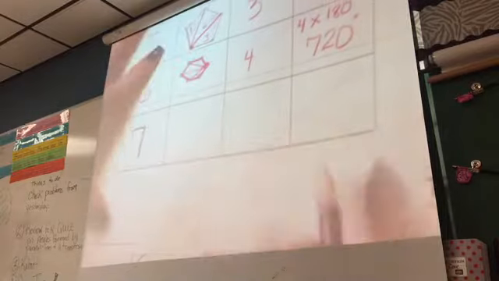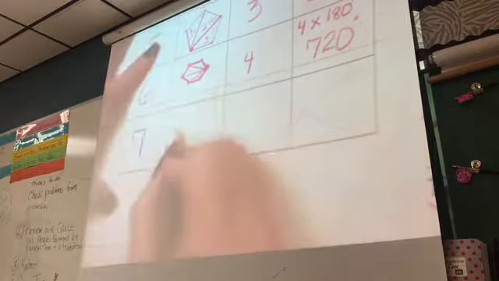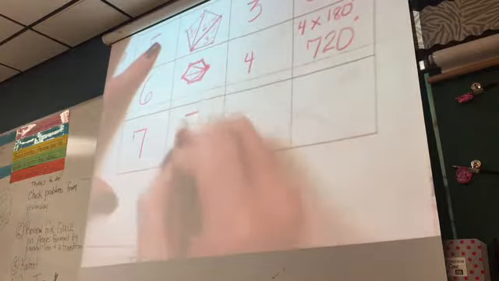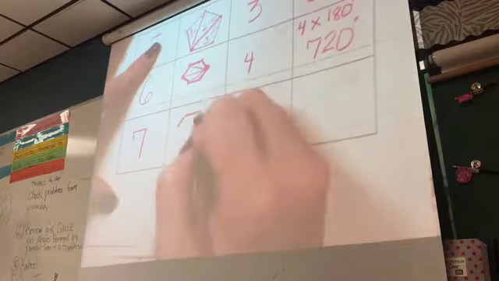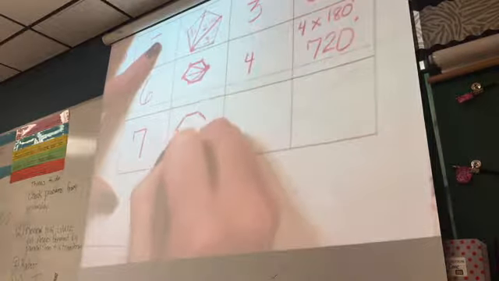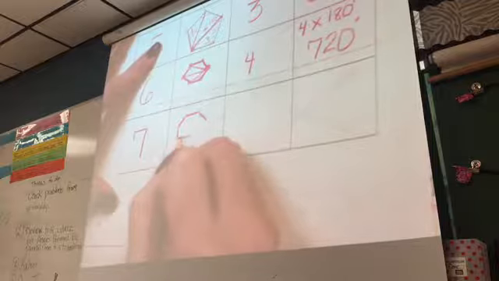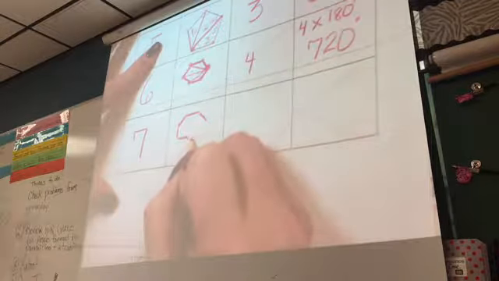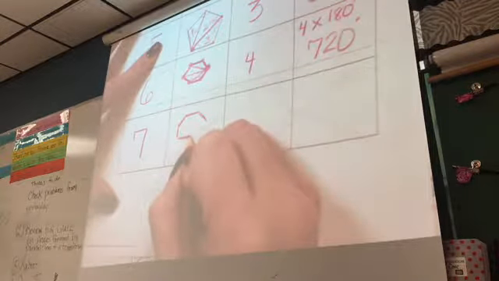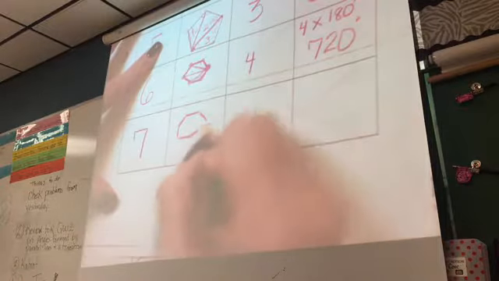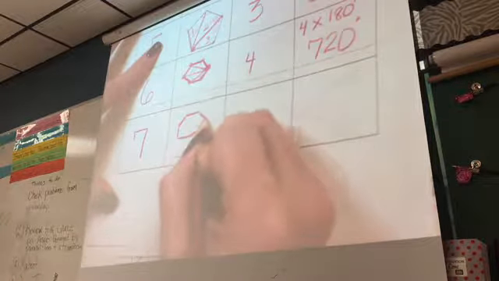And then a 7-sided figure, heptagon. This one I'm really going to struggle with. I'm just going to make it look like the 6, but add another side. So 1, 2, 3, 4, 5, 6, and then 7.